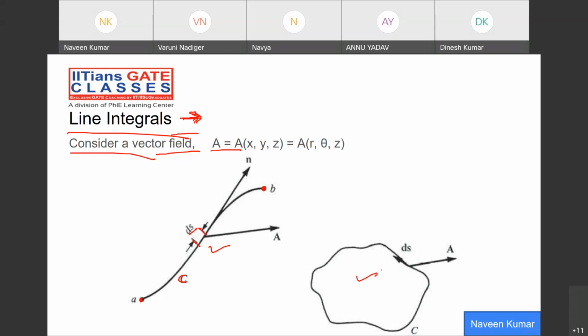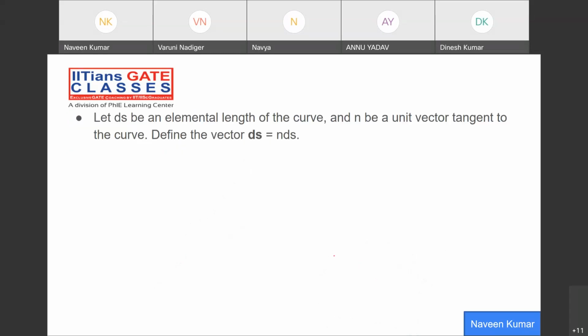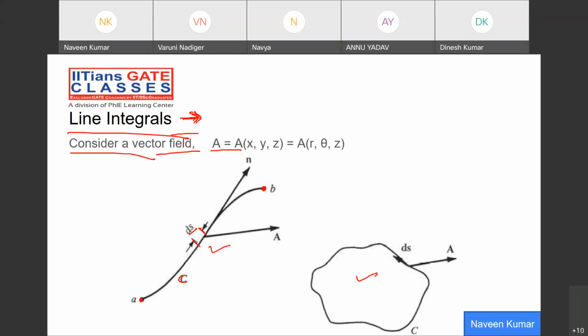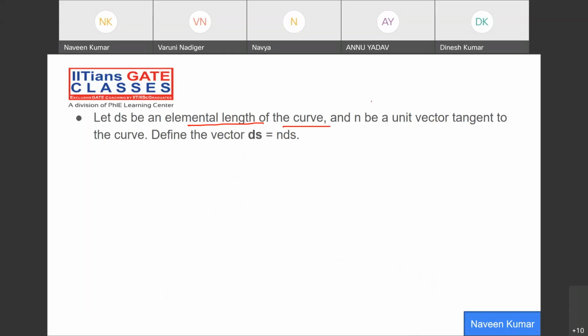So just see the representation of this. Let ds be an elemental length of the curve. We have to integrate from A to B over the curve C, assuming this small elemental length ds of the curve, and n be a unit vector tangent to the curve.